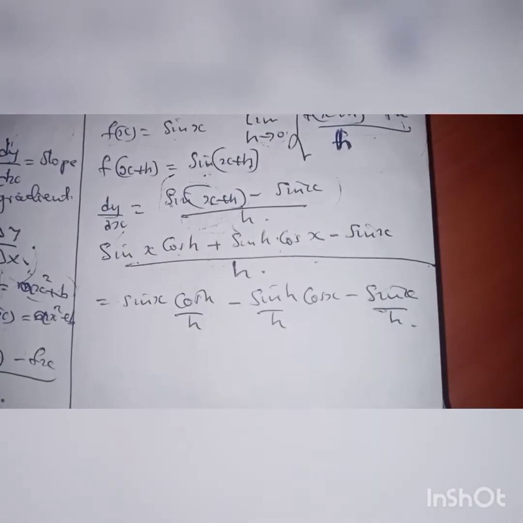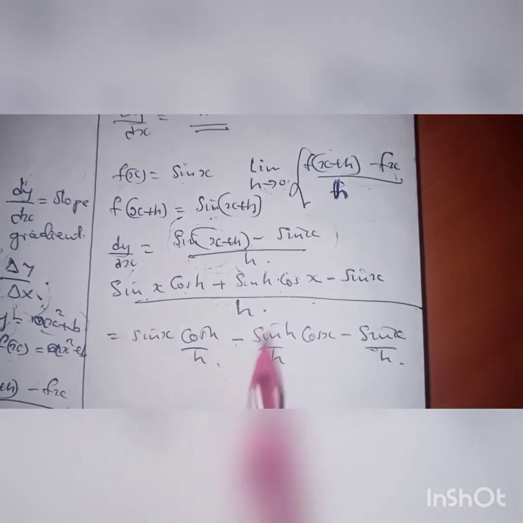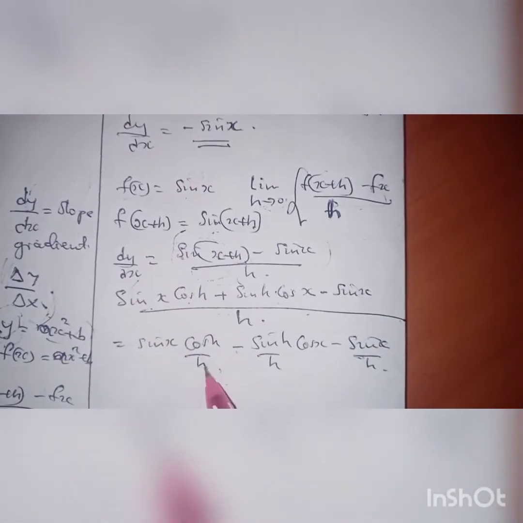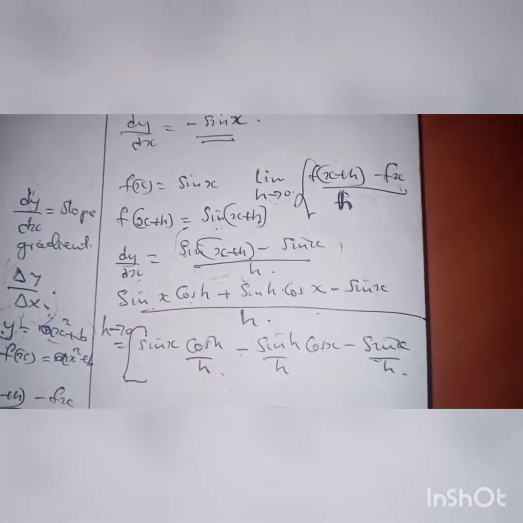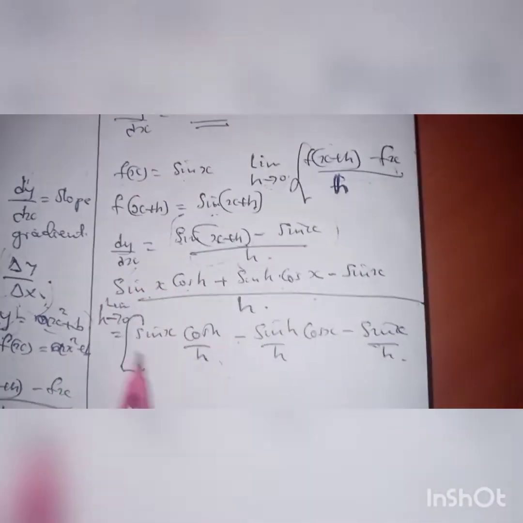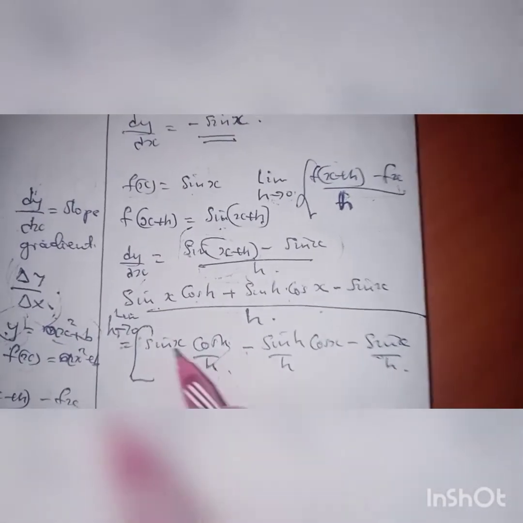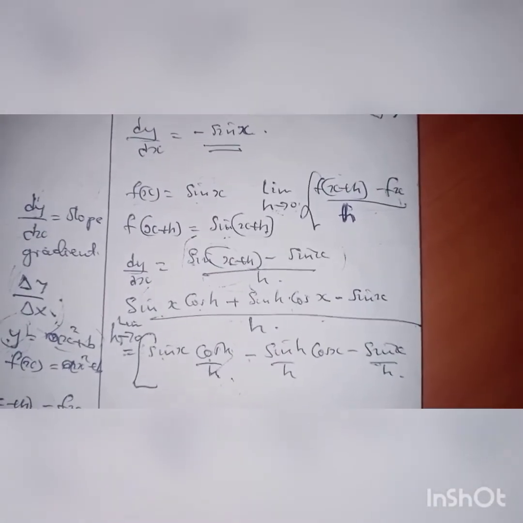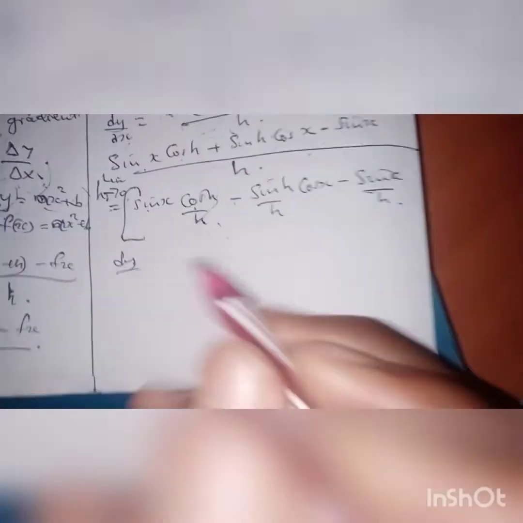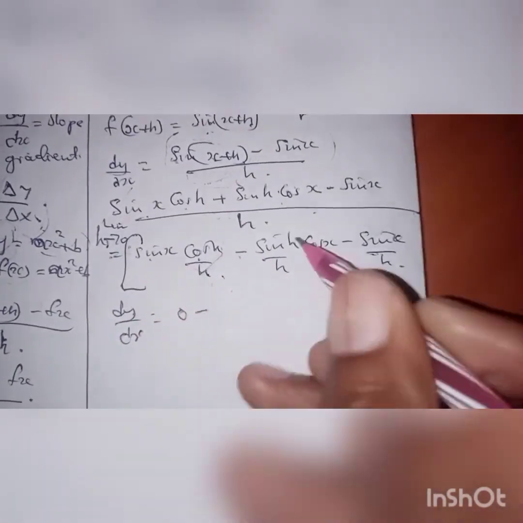Since h approaches 0, the limit of cos h over h when h approaches 0 is just 0. So 0 times sine x is just 0. So dy/dx is just 0 plus.